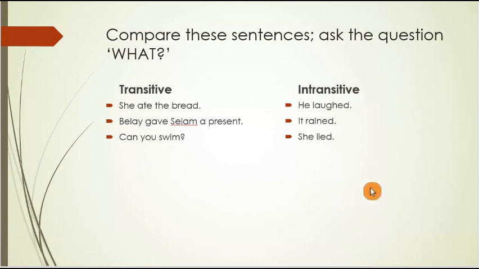An intransitive verb, on the contrary, cannot be answered with such questions. He laughed. Can we say what? It rained. She lied. And the like. So these are mostly different from one another. Okay, easily we can identify one from the other.